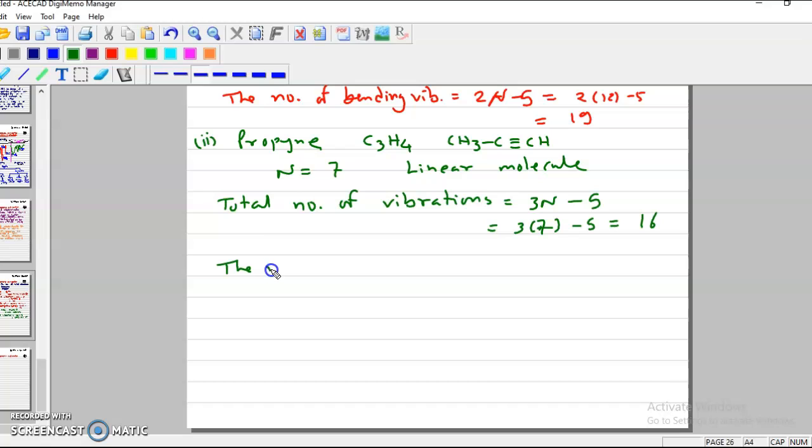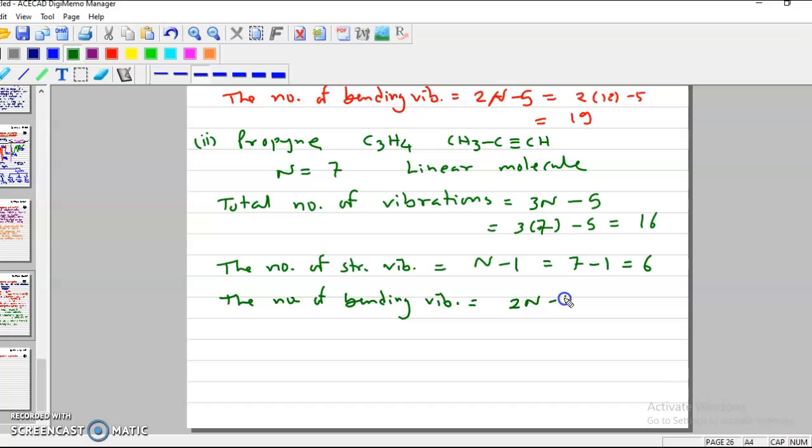Now the number of stretching vibrations equals n minus 1, which is 7 minus 1, 6, and the number of bending vibrations is 2n minus 4, which is 2 into 7 minus 4, will be 10.